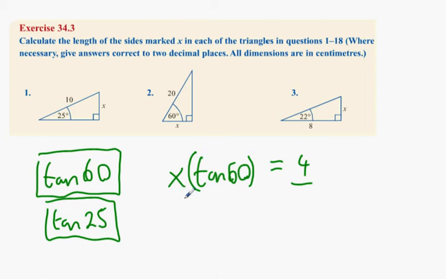Now you want the x on its own, so what you have to do with the tan 60, it's in multiply mode, so what happens when you bring it across? It goes into division mode. And you see the way the tan and the 60 travel together? That always happens in this exercise. Sine, cos and tan always travel with the number that's beside them.